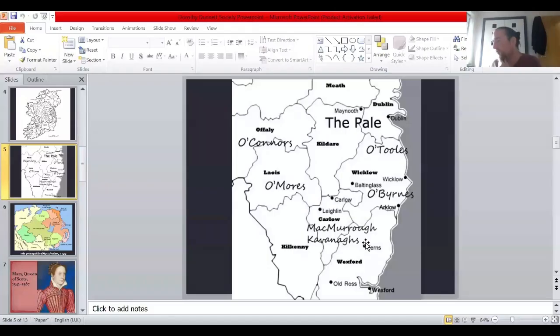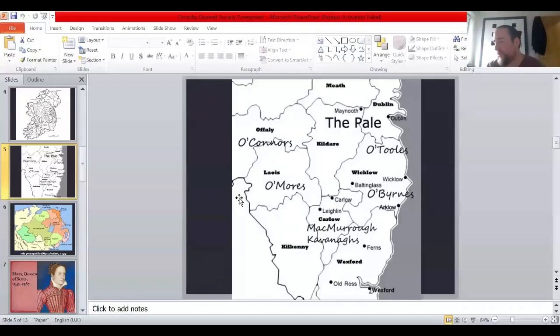Now, they also are mentioning at this point the fact that while these lordships in South Leinster are the priority, it would also not be a bad idea to reduce the O'Moores and the O'Connors, because the Ormonds of Butler are over here. And again, the idea is that if you can get rid of the O'Connors and the O'Moores, you can extend your sphere of control all the way from Dublin down towards the Ormonds, over here in this direction towards Kilkenny.